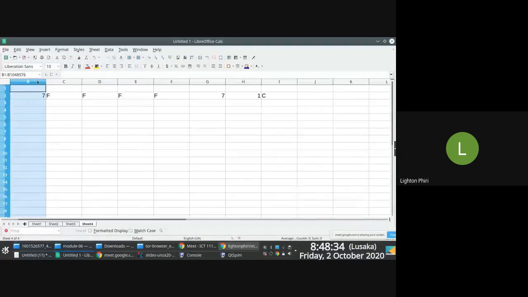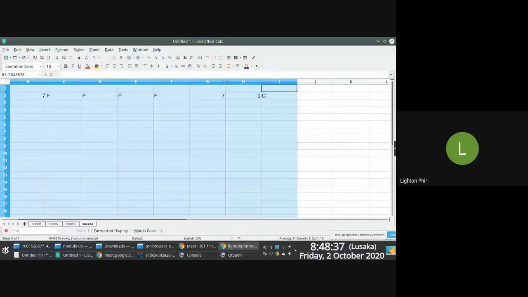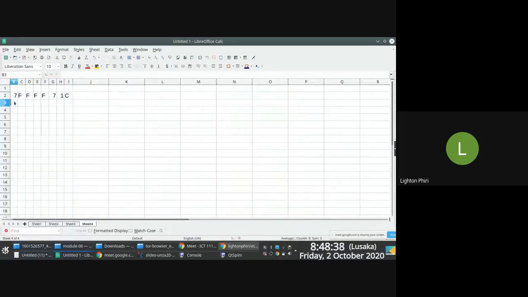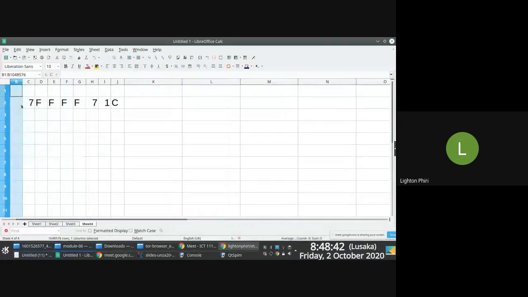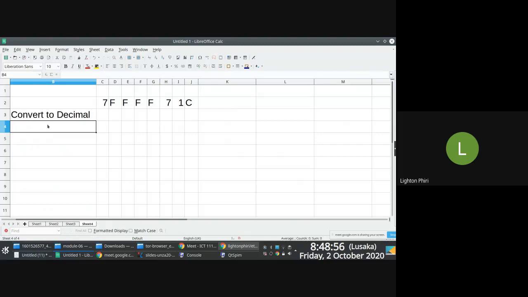Converting this number into base 2 is very easy because you go through a step where you convert to decimal, and then after you convert to decimal, you convert to binary.